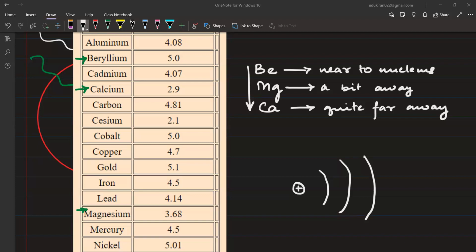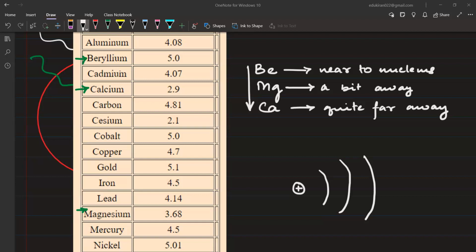The outermost electron of the beryllium atom will be different from that of the calcium atom, and the distance between the nucleus and the outermost electron of the magnesium atom will also be different. So this work function gave an idea about many things. It gave us the idea that the electron is revolving around the nucleus at a particular distance, and that distance is unique for a particular atom. So here we came to know about the sizes of atoms also.